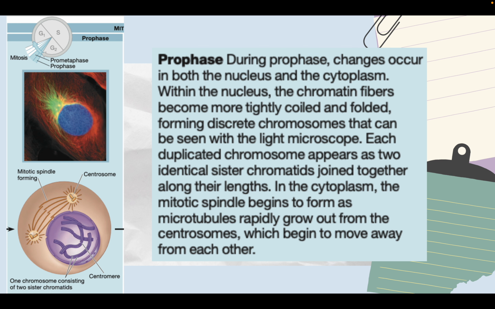The first thing that happened is that inside the cell's control system, the nucleus, look at the change of the nucleus. The messy genetic material, the chromatin, gets organized. It's organized and becomes visible as distinct chromosomes.